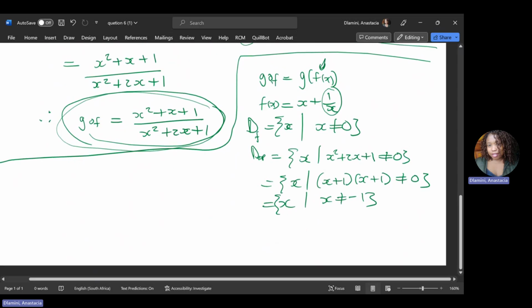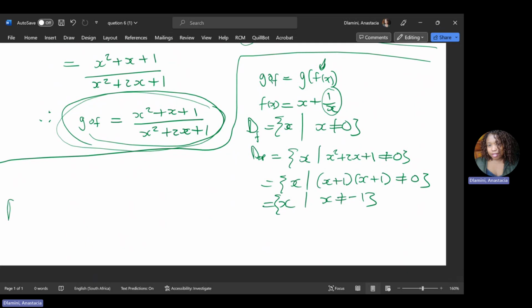So now, to find the domain of the composite function, meaning the domain of the composition of G and F, it is equal to the intersection of the domain of the inner function, in this case f of x, and the domain of the expression. That sign means the intersection.